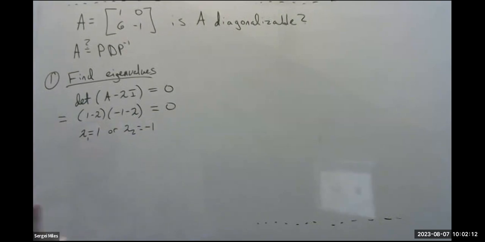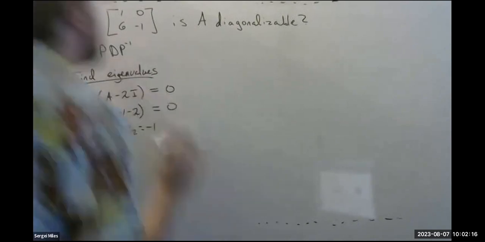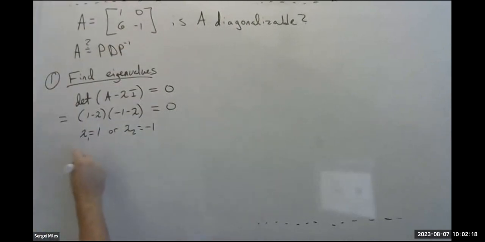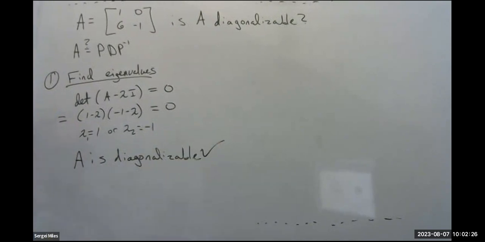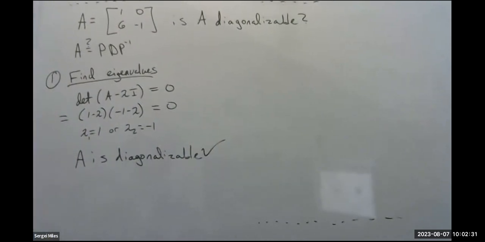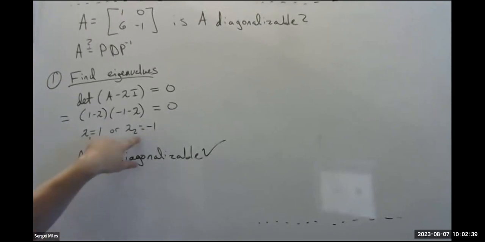In fact, this is already enough to stop and say the matrix A is diagonalizable. Why is this enough? According to the diagonalization theorem, I need n linearly independent eigenvectors. Well, I have two different eigenvalues.